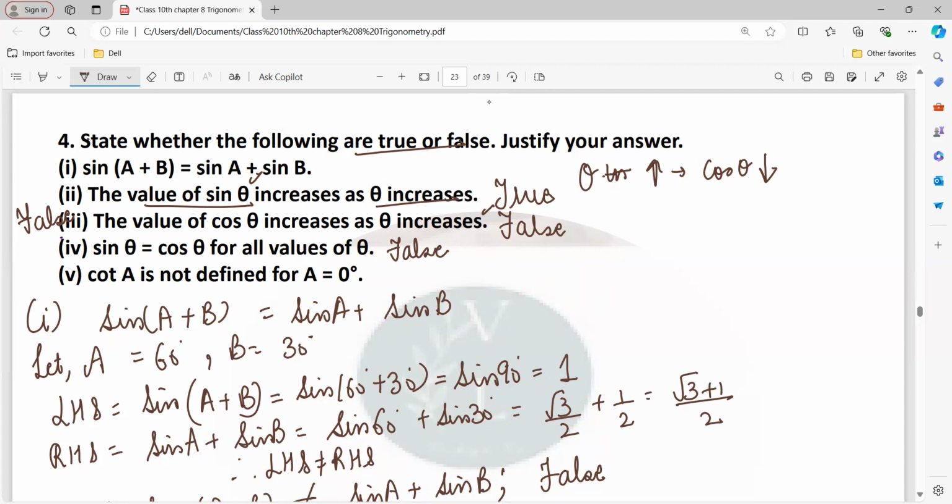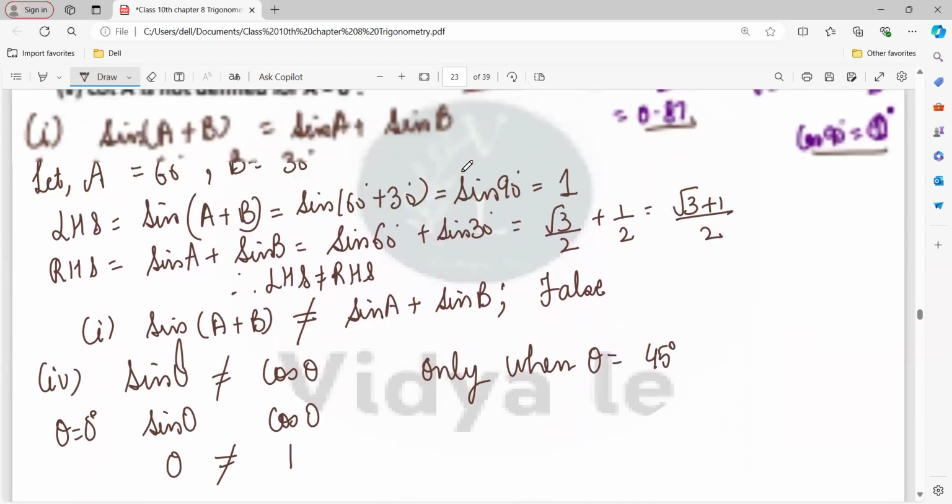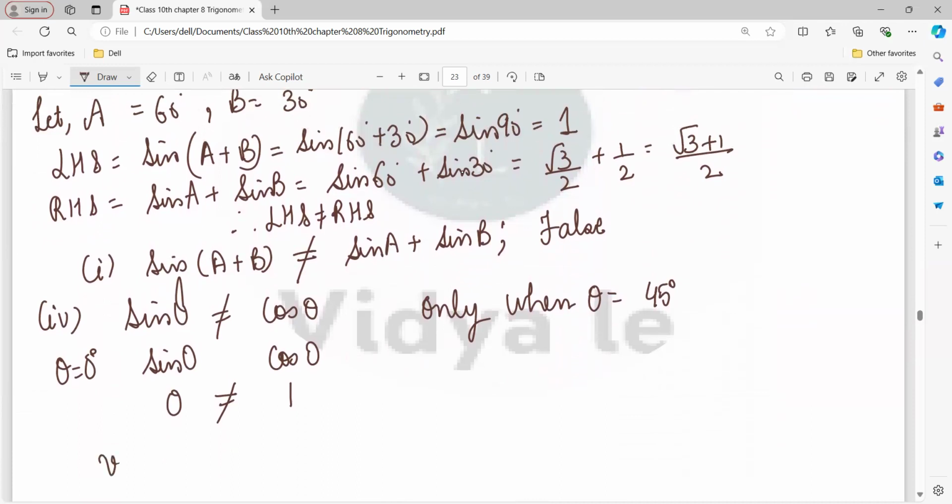Now, the next and the last part we have is cot A is not defined for A equals 0 degrees. Let's check. Cot 0 degrees can be calculated as cos 0 upon sine 0.